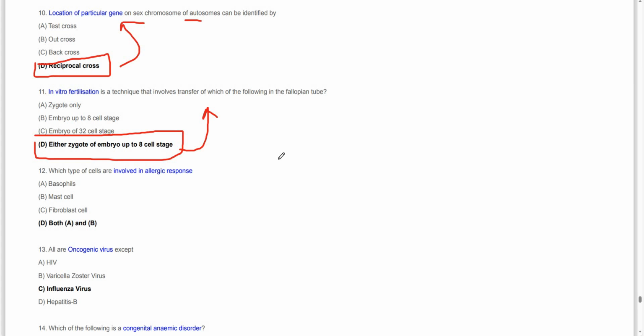In vitro fertilization involves transfer of a zygote or embryo up to the 8 cell stage. Moving on to the next question.